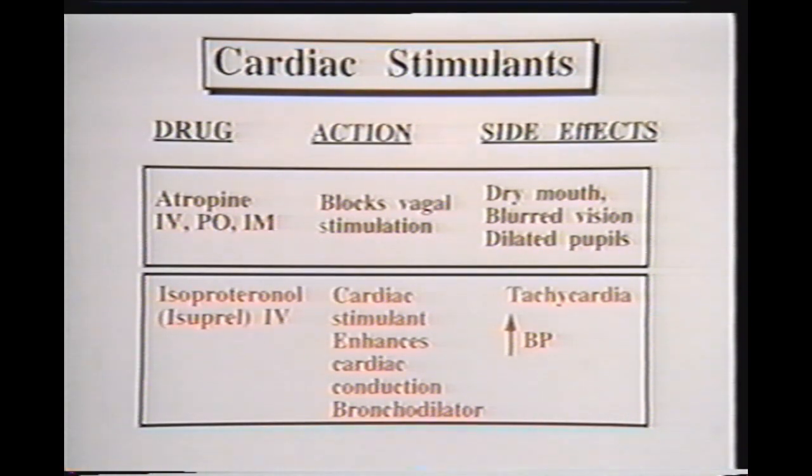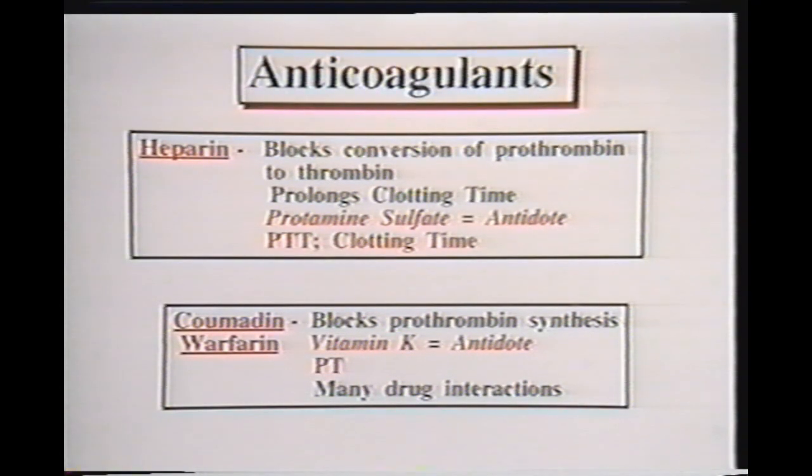We want to move on now and talk about anticoagulant medications. These are given to patients at risk for developing clots. They're also given to prevent clots from enlarging or from fragmenting, really breaking up. Anticoagulants do not dissolve clots.